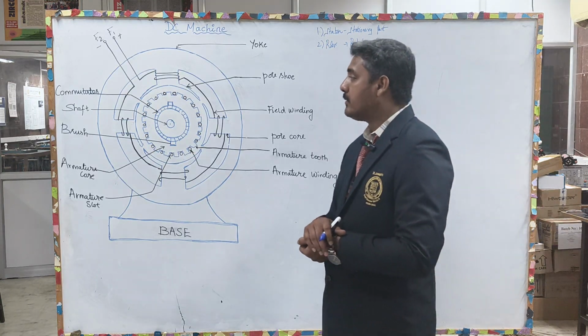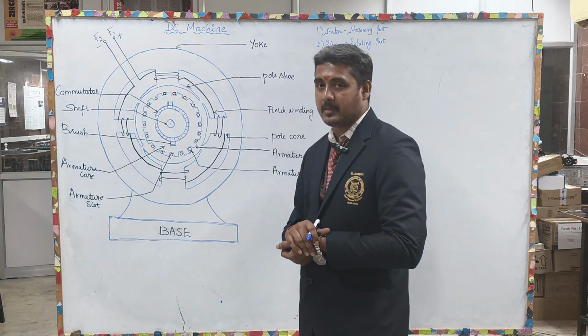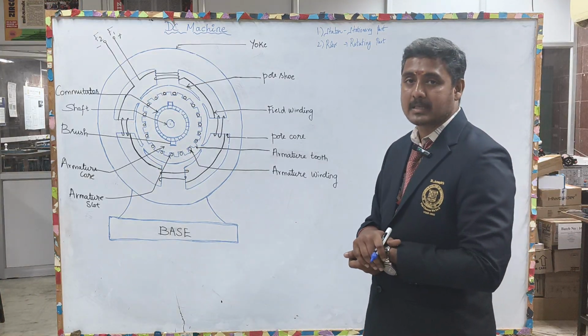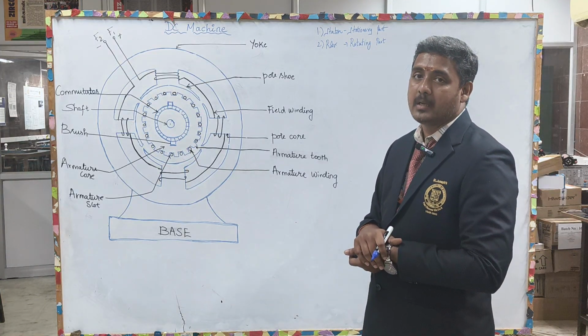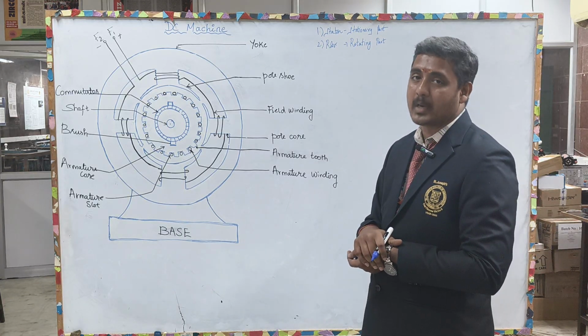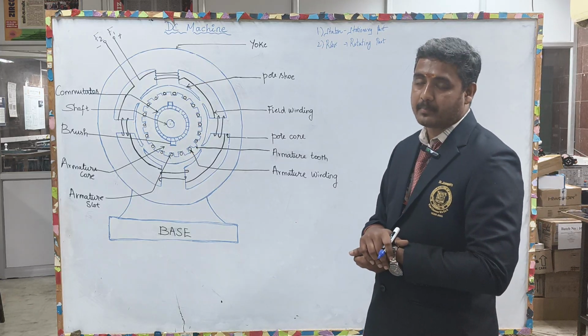Now we will move in detail about the stator and rotor of the DC machine. The stator is nothing but it is a stationary part. Stationary part has field windings, pole core and a pole shoe here, and also the brush is also a stator here.